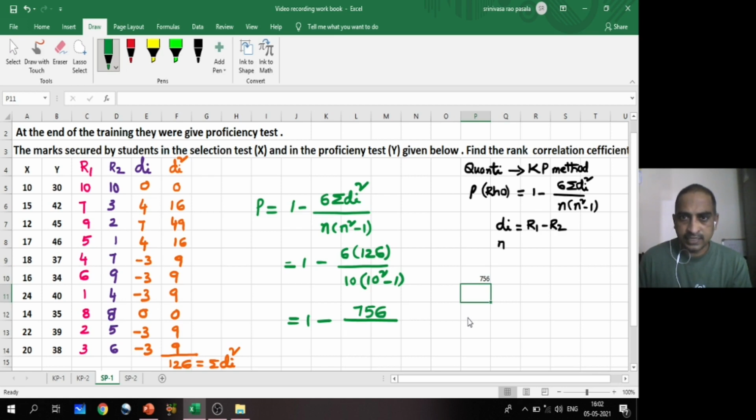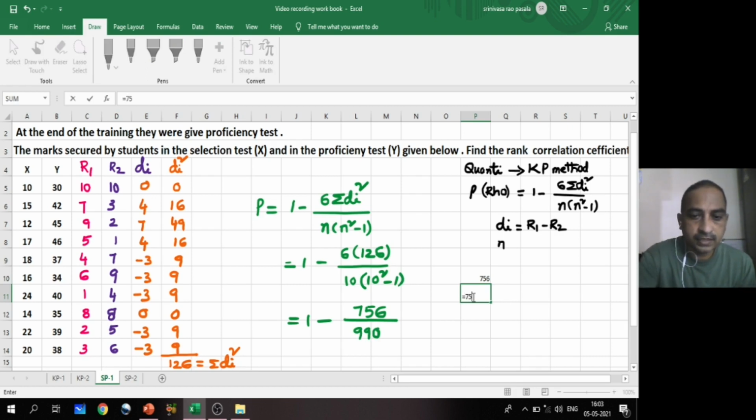Next, 10 square is 100. 100 minus 1 is 99. 99 into 10 is 990. Right? So again I have used here 756 divided by 990.